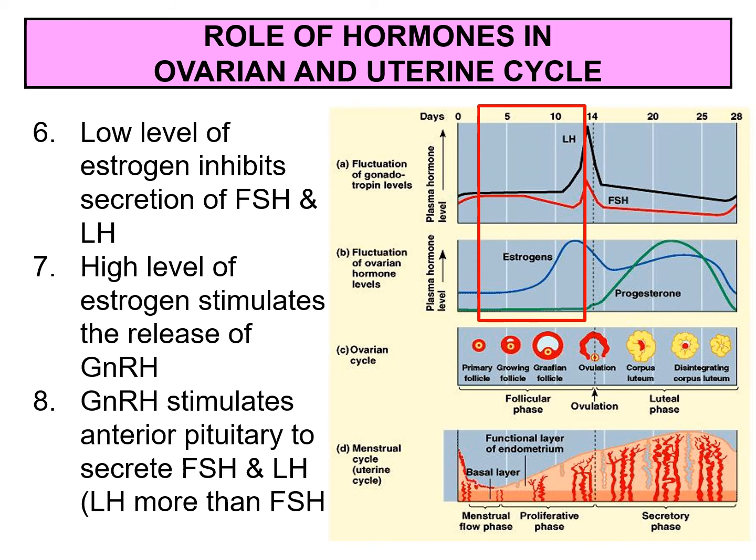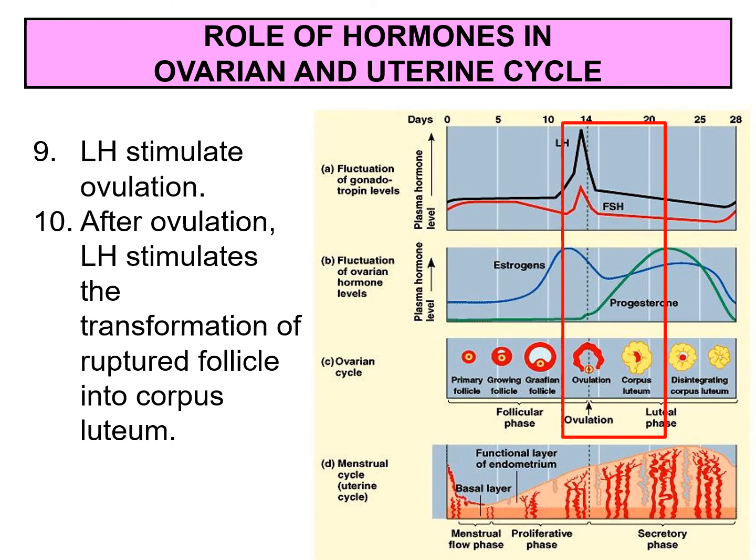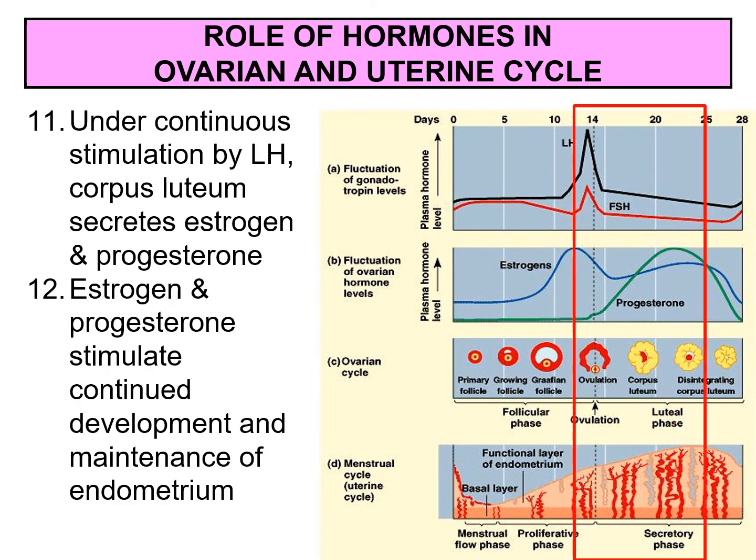At the same time, kita kena ingat masa kita penebalan dinding, kita nak prepare untuk fertilization. Nak fertilization mesti kena ada secondary oocyte. Pada masa itu follicle dah mula berkembang. So kita tak nak another follicle to develop. So only one follicle. So we need the FSH to stop being secreted. Under continuous stimulation by LH, the corpus luteum will secrete estrogen and progesterone.